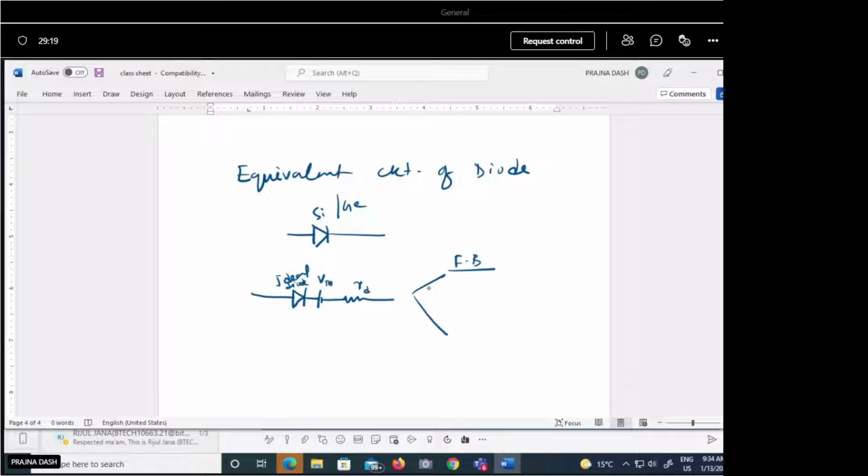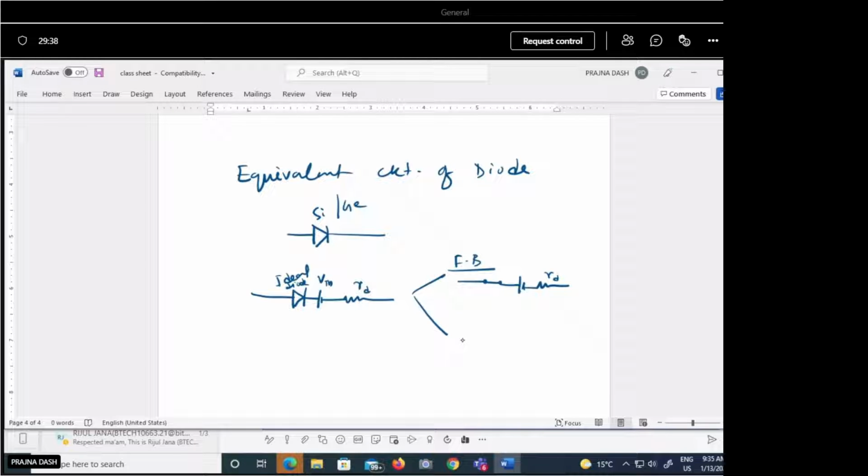As we have discussed, in the forward biased case the diode behaves like a short circuit. So in the forward biased case we can replace the diode by a short circuit equivalent, a voltage source, and its dynamic resistance RD. This is the equivalent in the forward biased case.